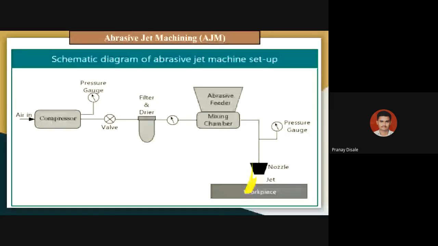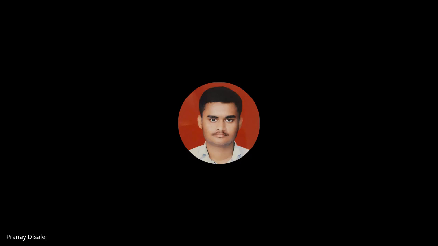So here there is a small diameter nozzle, and that small diameter nozzle will convert the pressure energy of the air abrasive mixture, I will repeat, pressure energy of the air abrasive mixture into kinetic energy exiting from the nozzle.